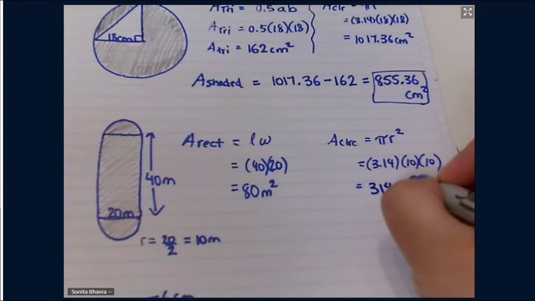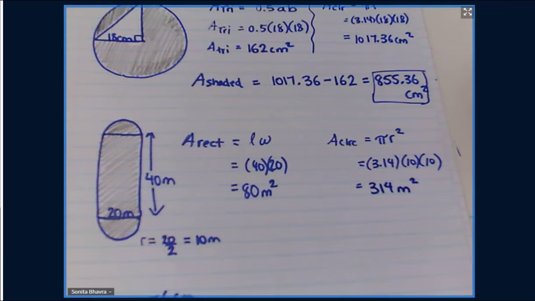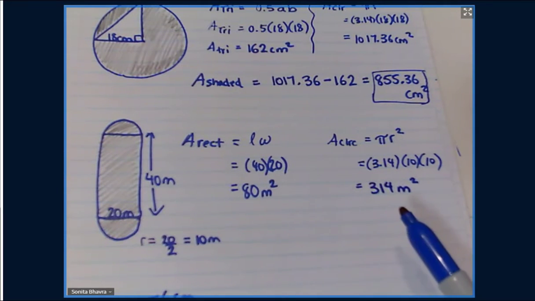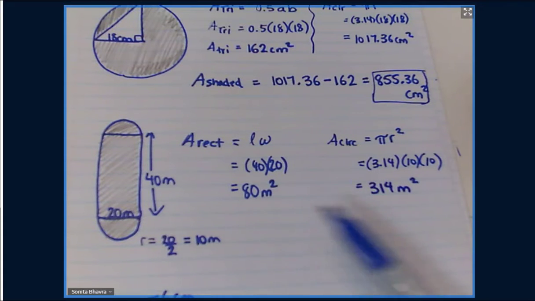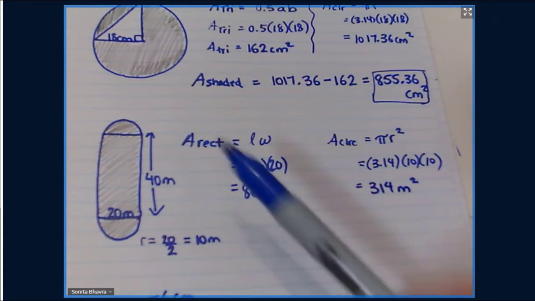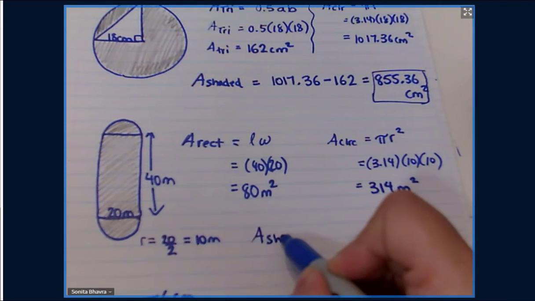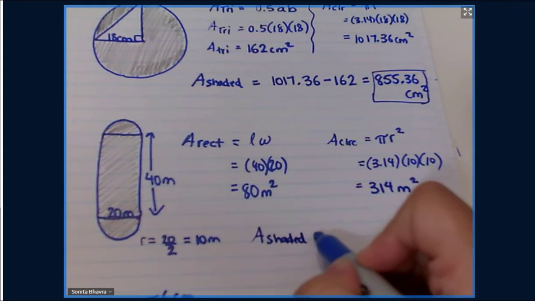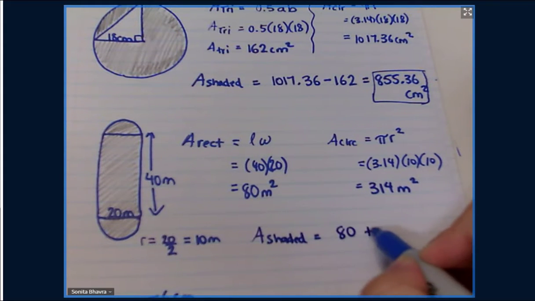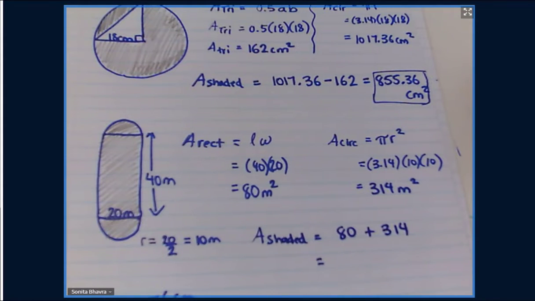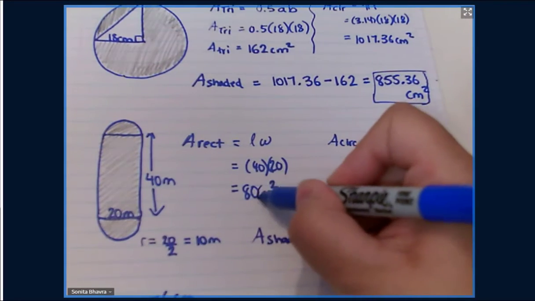Okay, so now because our whole figure is shaded, we have to add these two together. The 80 for the rectangle, the 314 for the full circle, half and half. So our area of the shaded is going to be 80 plus 314, which gives me, oh wait, did I say 40 times 20 is 80? It's not 80, it's 800.